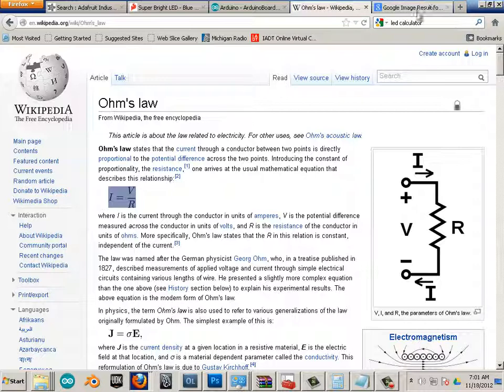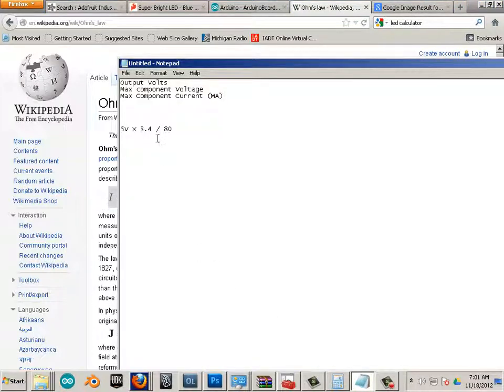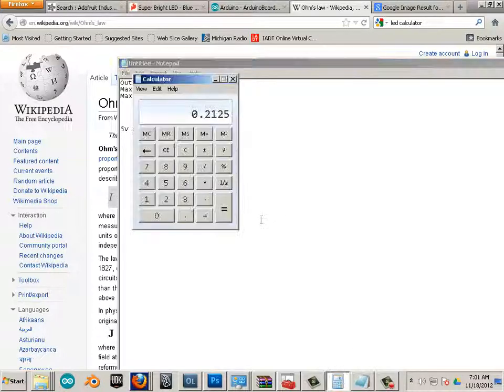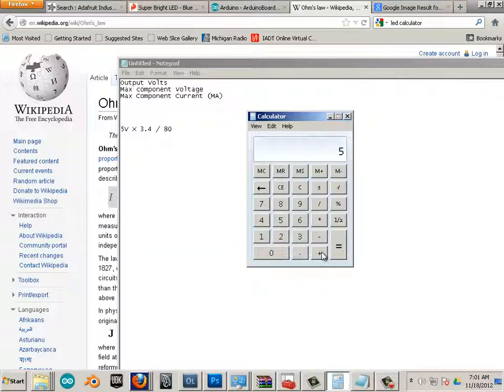But that's essentially Ohm's law. So let's do some math here. We got 5 times 3.4 divided by 80 equals 0.21. And if we take the point out of the equation, it would be 21.